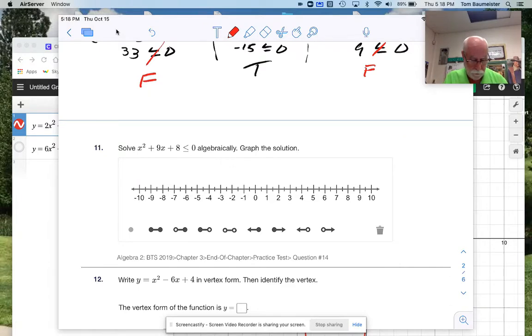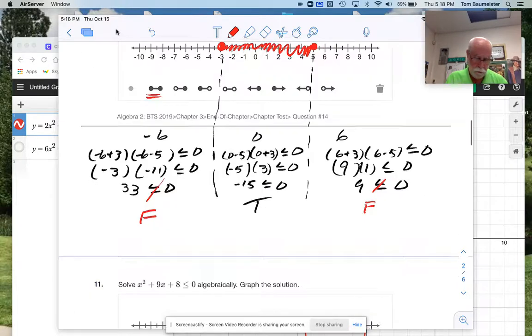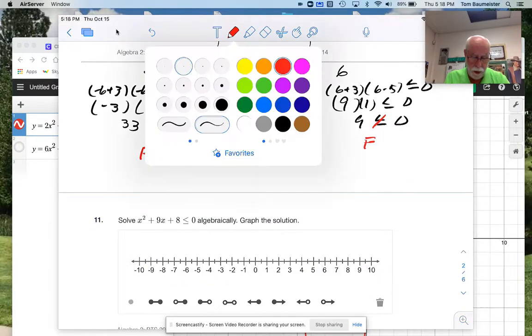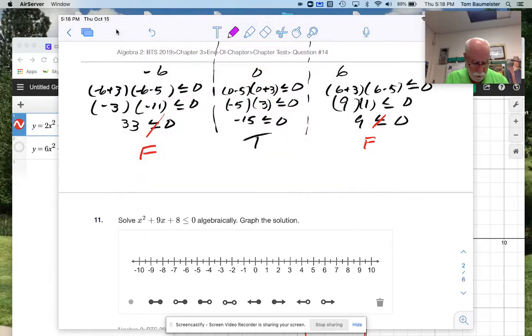I'm going to say x and x, and remember, I'm setting it equal to 0. Now remember this time, this one's a plus. When it's a plus, you have to look at the next one here.